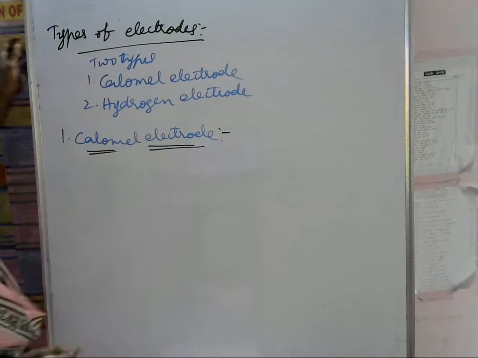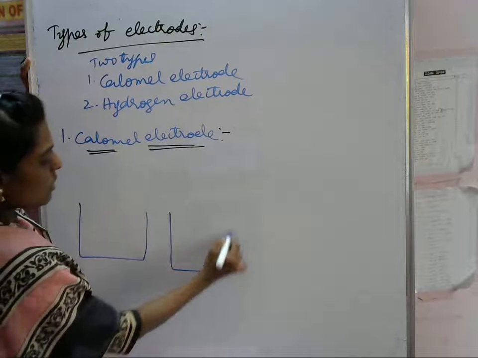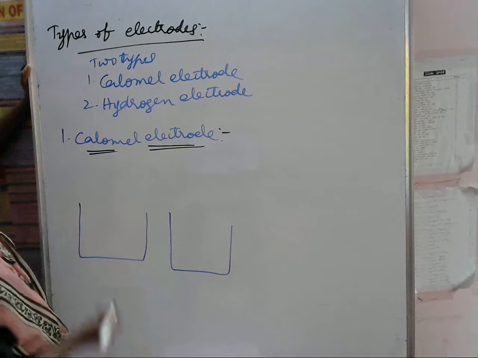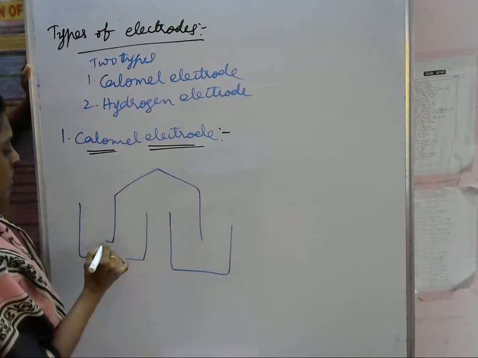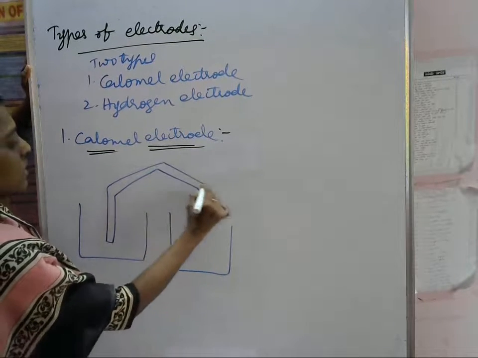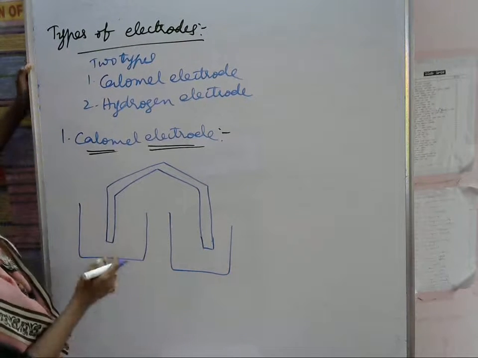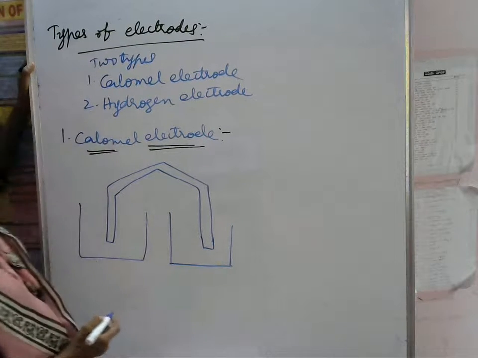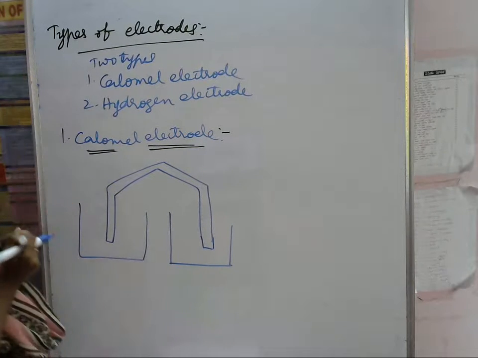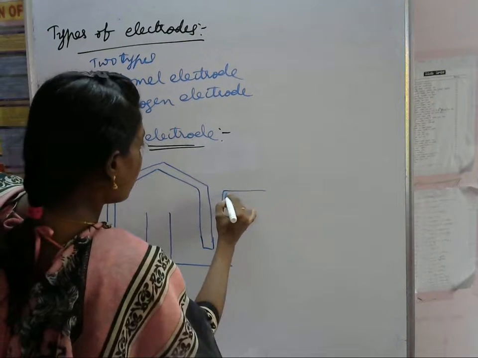So here we have to take two beakers, in which we are placing a salt bridge. And we have to place the electrode.